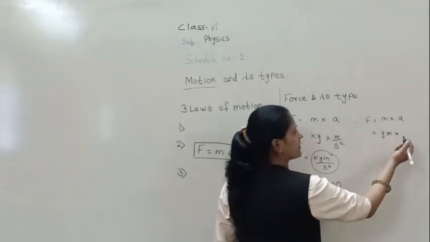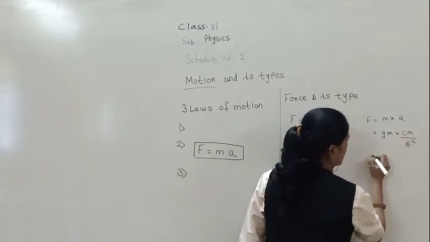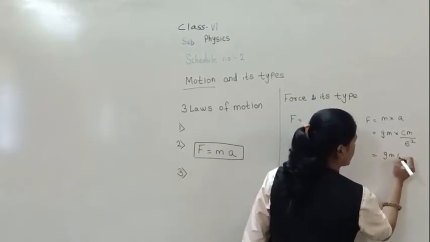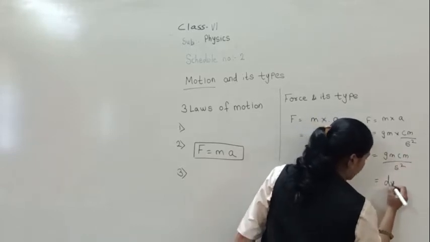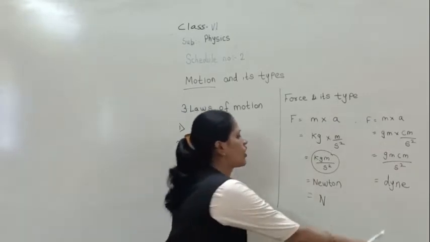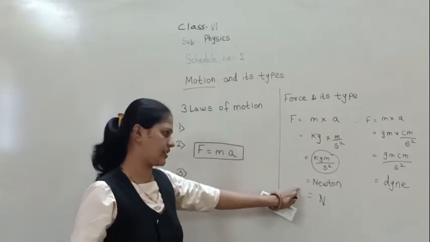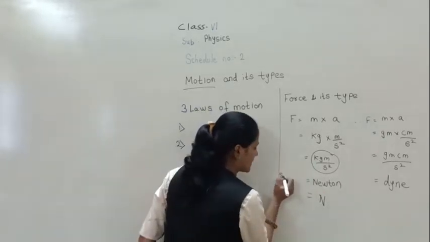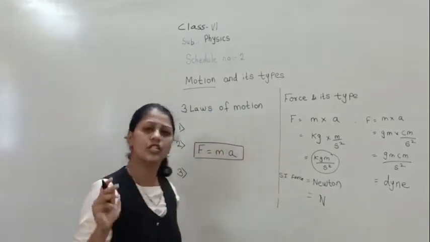And meter becomes centimeter, and second square comes as it is. So gram centimeter per second square is called dyne. So the CGS unit of force is dyne, while the SI unit of force is Newton.